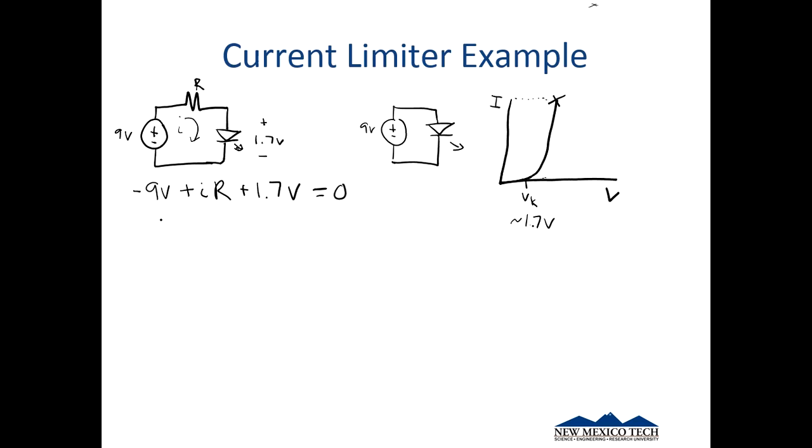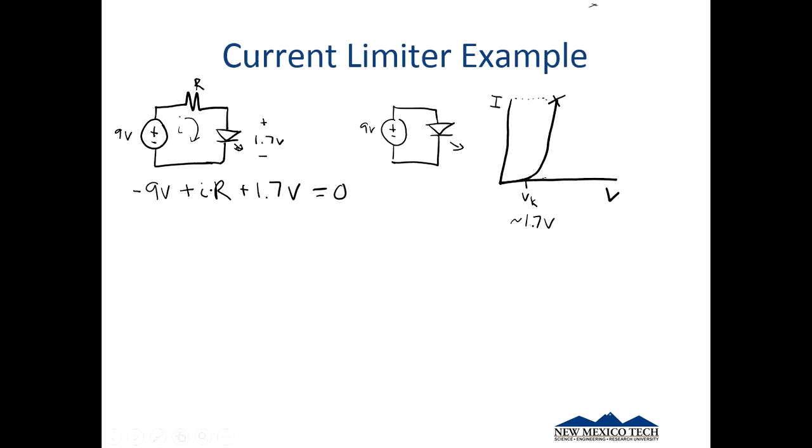We know that if we add up all the pieces of this loop, it has to equal 0. Our first voltage here is 9 volts, and since it's the source, I gave it a negative. The voltage across this resistor is I times R, and we want our voltage across our LED to be 1.7 volts.